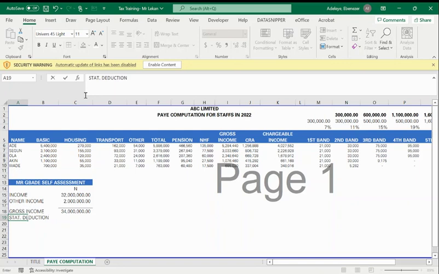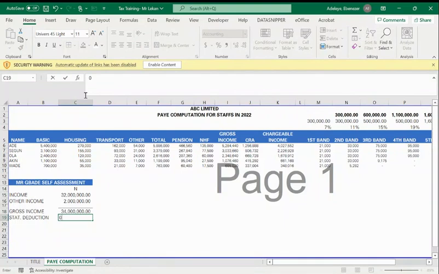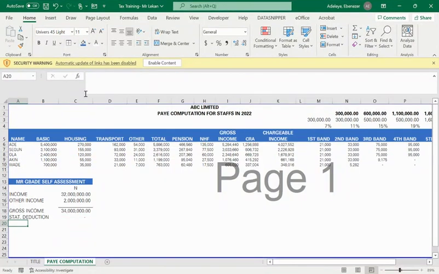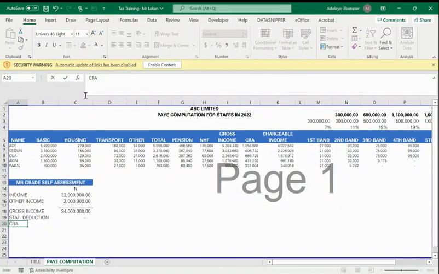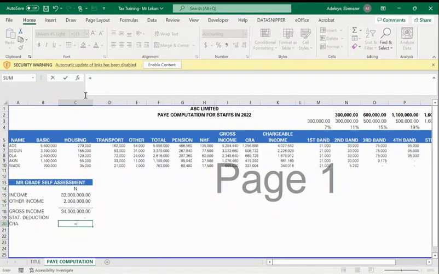so once we have removed the statutory deductions, the next thing for us to do is, let's say this is statutory deduction. That's deduction, and then we don't forget we can compute our CRA already. From what we discussed earlier, we said our CRA is the higher of 1% of gross income or 200,000. So here we have to use the IF function again.